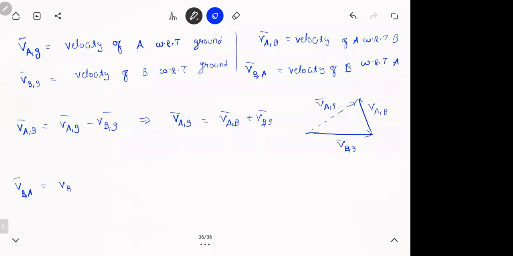So velocity of B with respect to G minus velocity of A with respect to G. Now see, what I'm trying to tell you is like the moon with respect to sun.